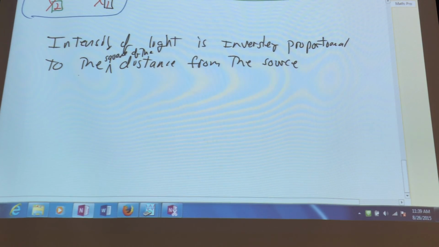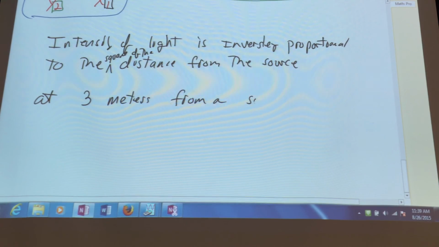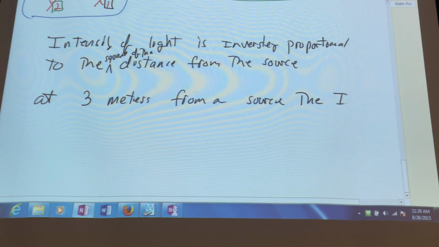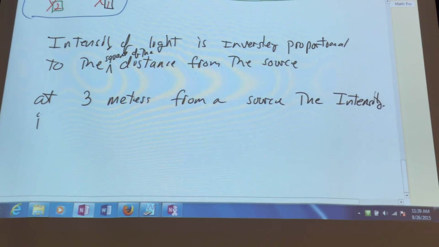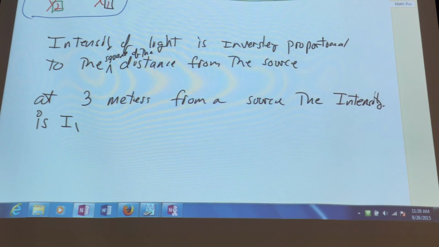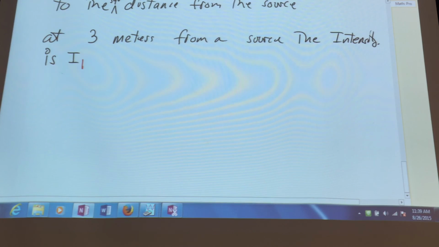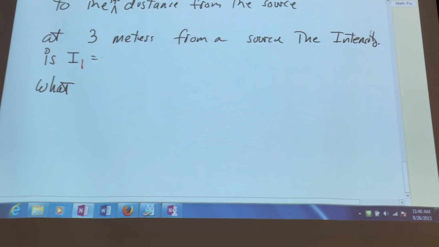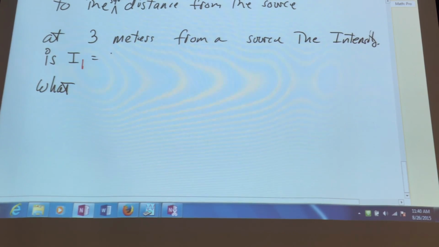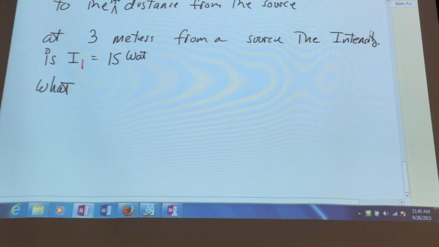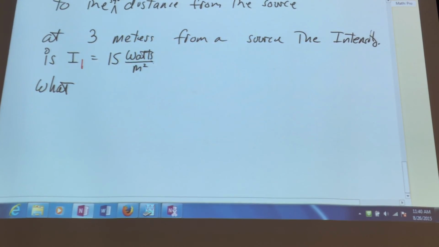And let's just say I1 equals... we'll just imagine we're talking about a light bulb.